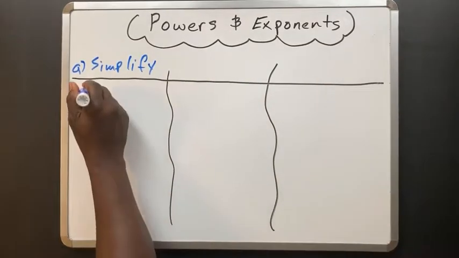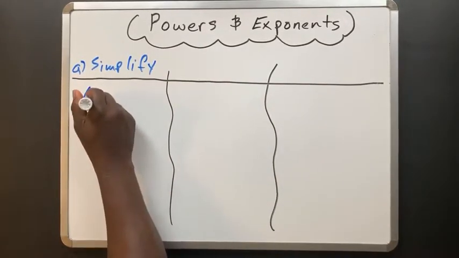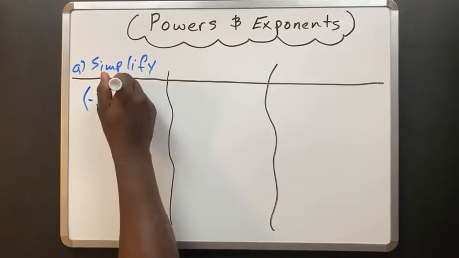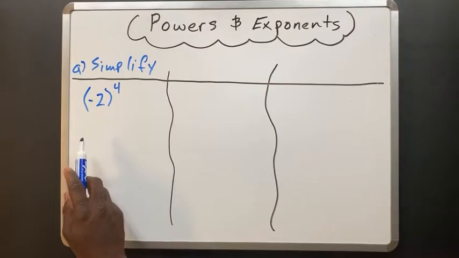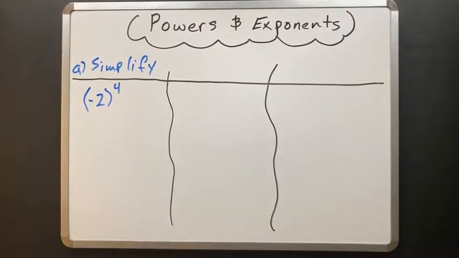Now, here we have an expression that says -2, and that's raised to the fourth power. In practice, speak the way that I explained the problem, because that helps you in understanding your math problem. Now, what they're asking us to do is to rewrite this power, or simplify it, rather.